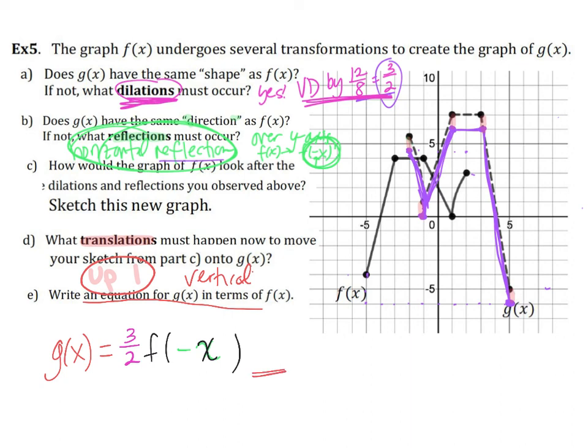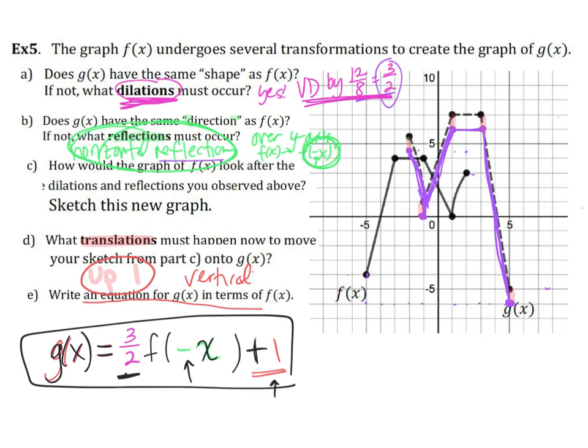So that's out here, and it's up, so that means we have +1. So my new function for g would have these impacts here. So it would have a vertical dilation of 3/2, reflection over the y-axis, and up 1 unit. So this is your answer here.